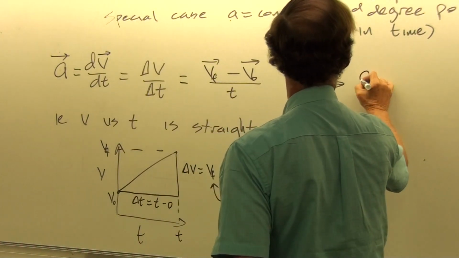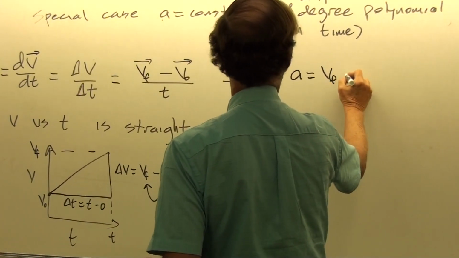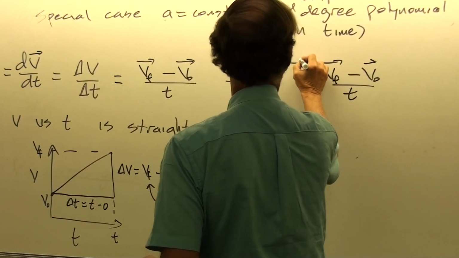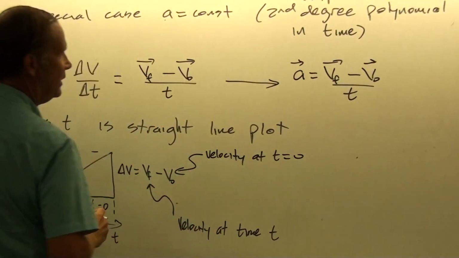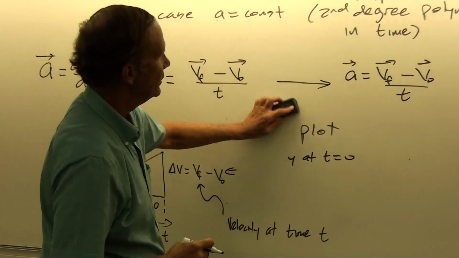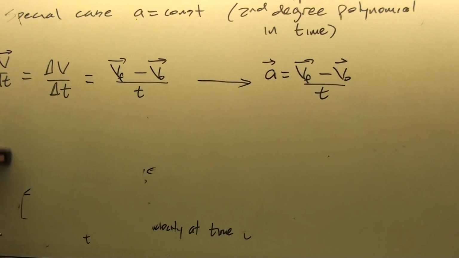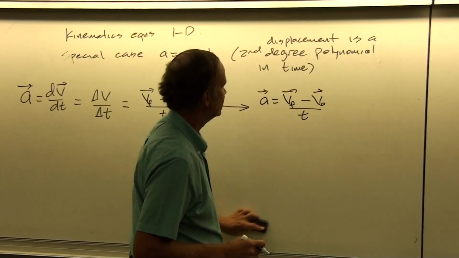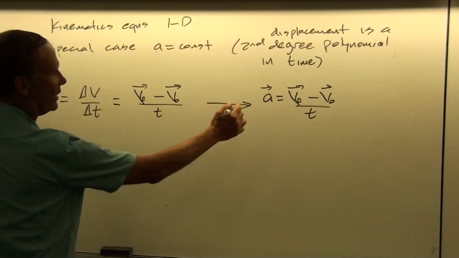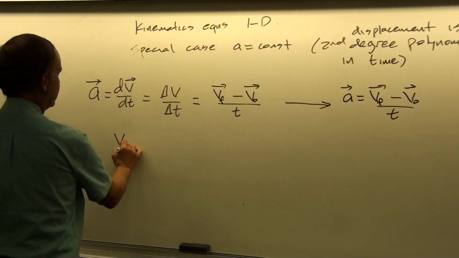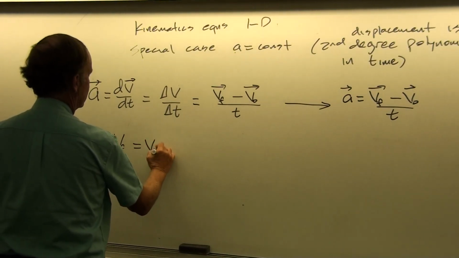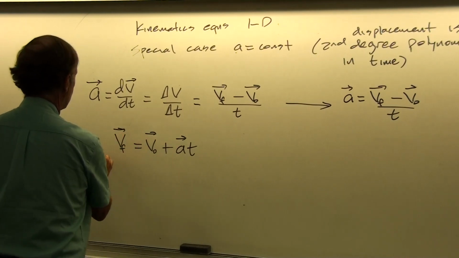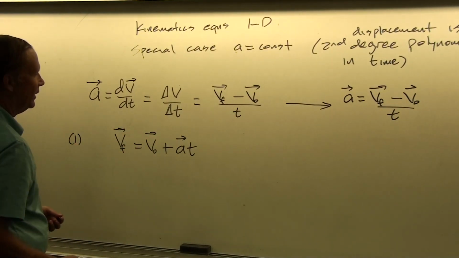And so this gives us then a equals v final minus v initial over t. And I'm putting little arrows over the vectors to remind us that we are dealing with vector addition and the processes that relate to vectors. So if I solve this algebraically for v final, we get v final equals v initial plus acceleration times time. So this is what I'll call kinematics equation number 1.